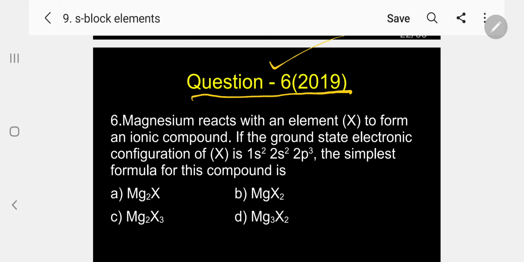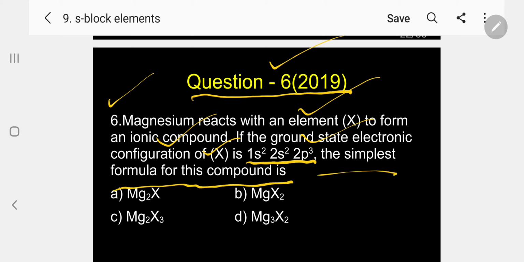This is an interesting question, kindly follow. Magnesium, again the second group. Magnesium reacts with an element X to form an ionic compound. If the ground state electronic configuration of X is 1s2, 2s2, 2p3, the simplest formula for this compound is: this is actually a problem where you have to think, not just recall from memory.